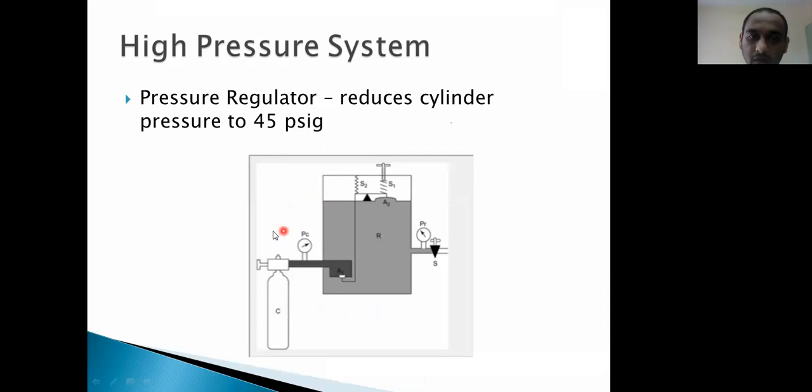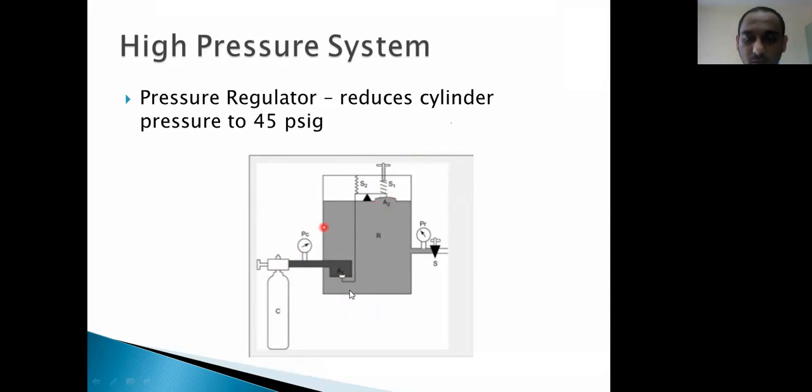We go to the pressure regulator, that is the pressure reducing valve. So after we have checked the pressure, we have attached the cylinder, we have checked the pressure, now we have to reduce the pressure. So we subject the higher pressure to a smaller area and then reduce it by coupling it with a larger area.